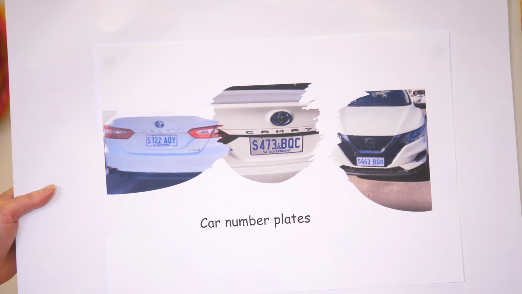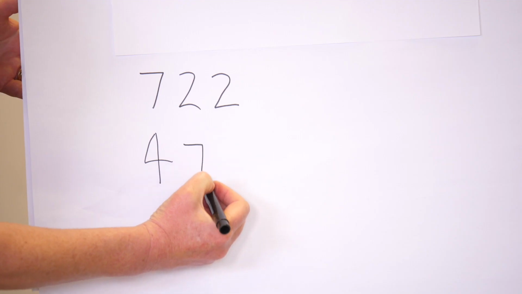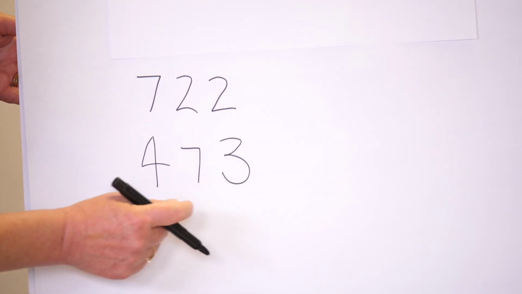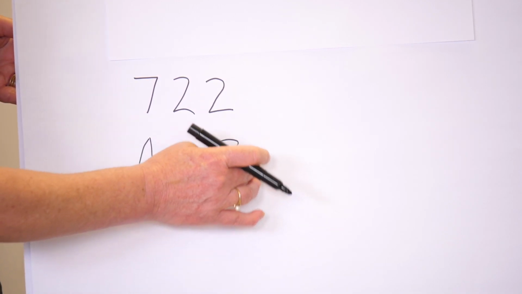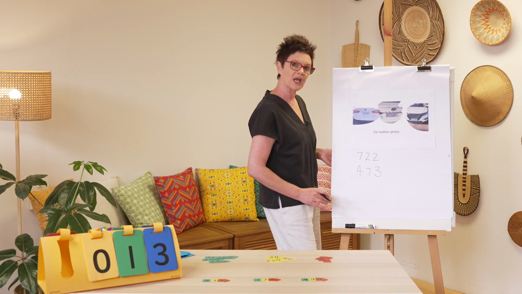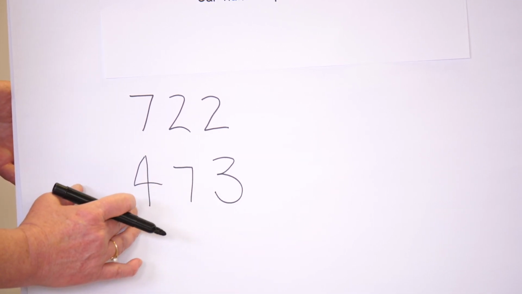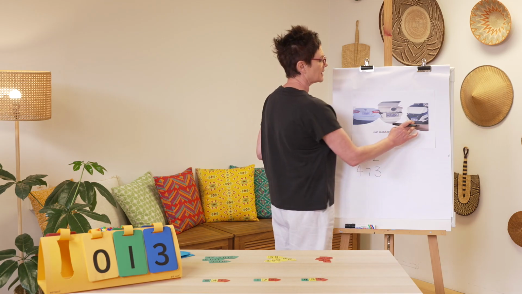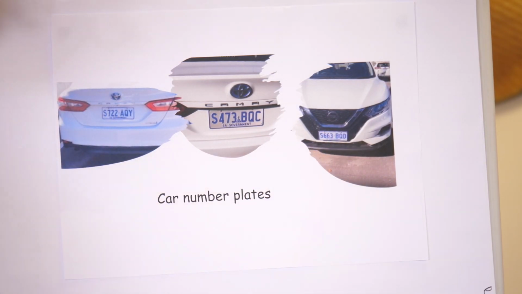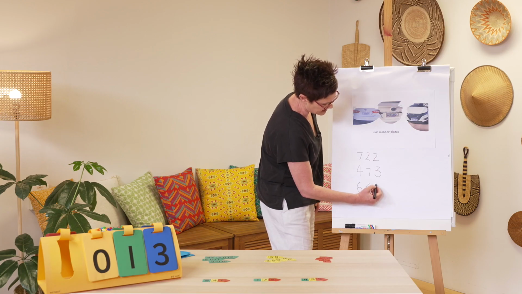My second car number plate, you may be able to read, is the digits 4, 7 and 3. 4 hundreds, 7 tens, 3 ones. How do we say this number? 473. Well done.